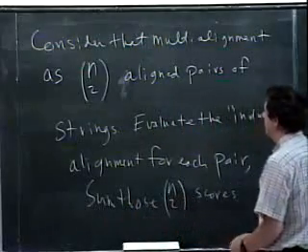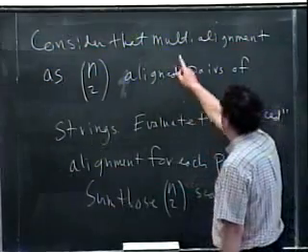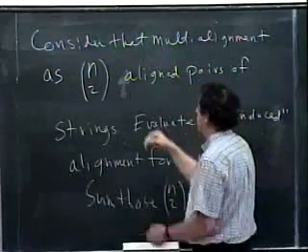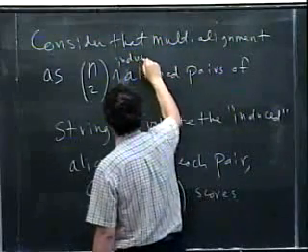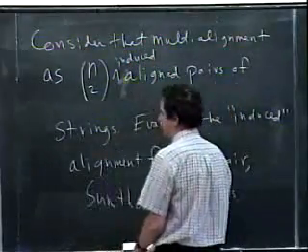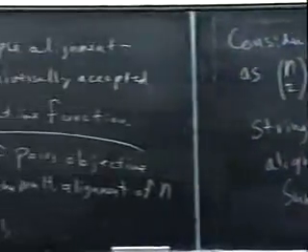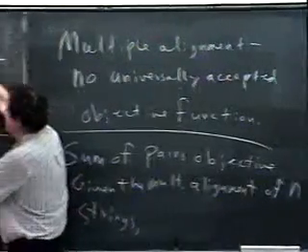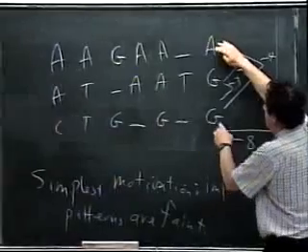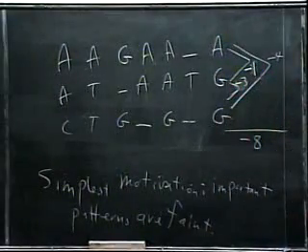Okay? So consider that multiple alignment as n choose 2, I should say probably induced aligned pairs of strings. So that I have this multiple alignment of 3 strings, but it induces this aligned pair, this aligned pair, and this aligned pair. Okay? So 3 induced aligned pairs.